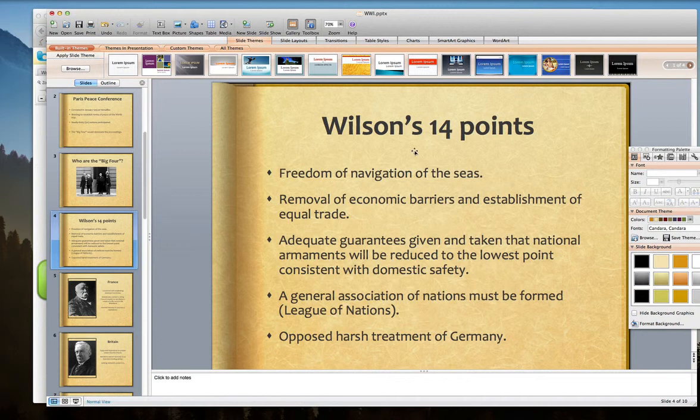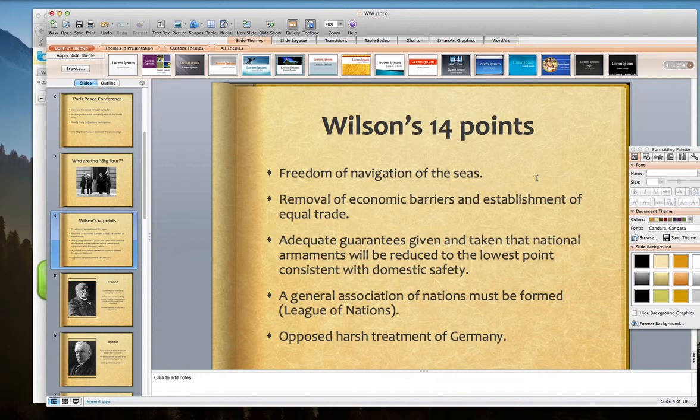One of the big things that was part of the Paris Peace Conference was Wilson's 14 points. Some of these were important in terms of negotiating world peace. Since the Great War was thought of as the war to end all wars, Wilson imagined a set of guidelines to ensure world peace.